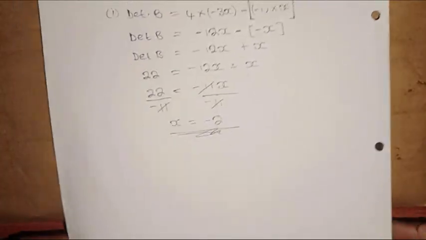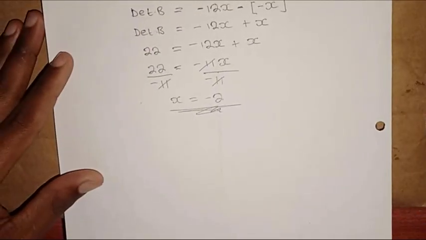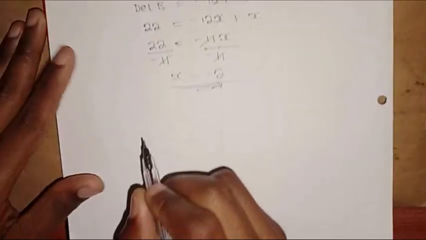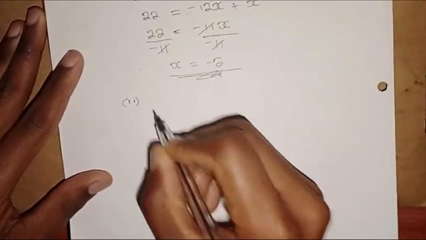Okay then, now that we have found the value of x, let us find the value of the inverse of B. So let us go to part 2 to find the inverse. So how do we find the inverse?